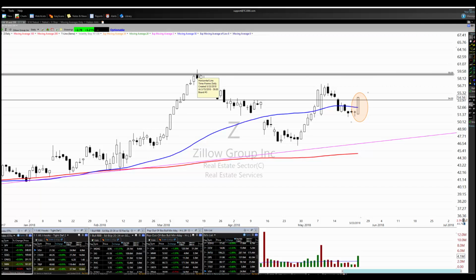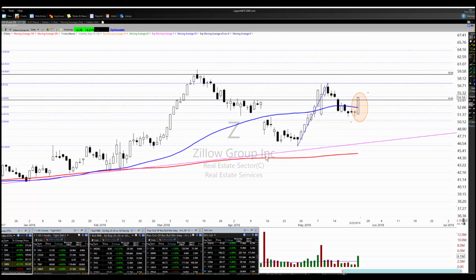Probably not extremely strong. We've only tested it, I guess, one major time, but 4 days. Let's see what would happen if I put some fibs on this run. Oddly, that goes right up there.